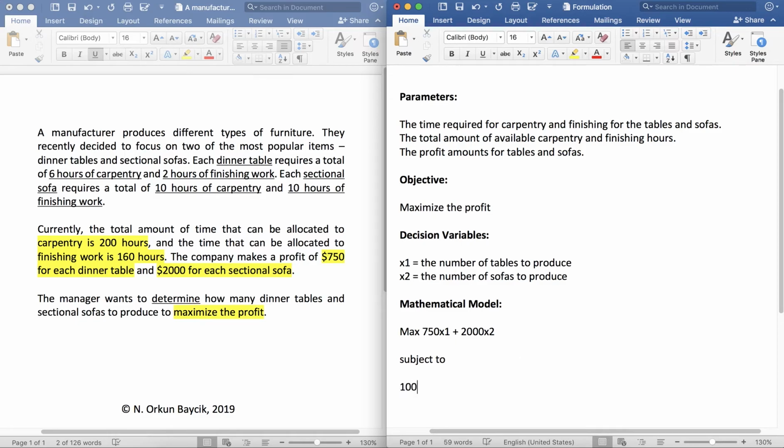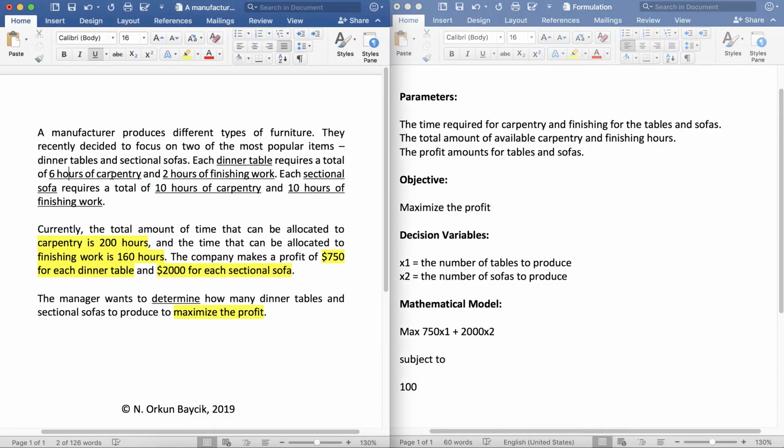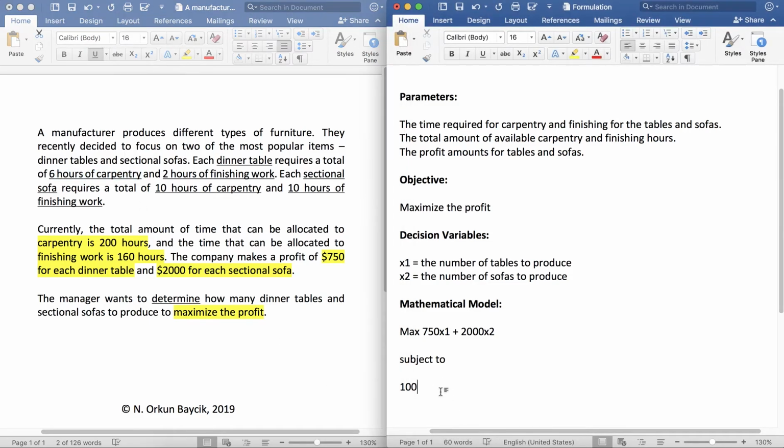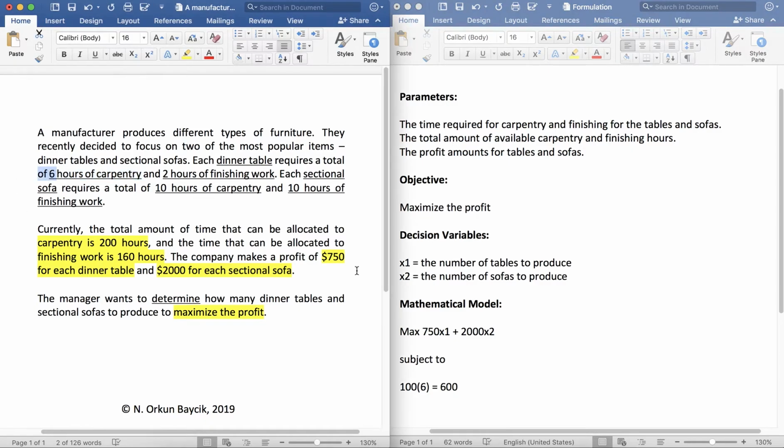If I produce 100 dinner tables and each table requires 6 hours of carpentry, how many hours of carpentry do I need? The answer is 100 times 6, which is equal to 600 hours. So if I want to produce 100 dinner tables, I need 600 carpentry hours because of this requirement.